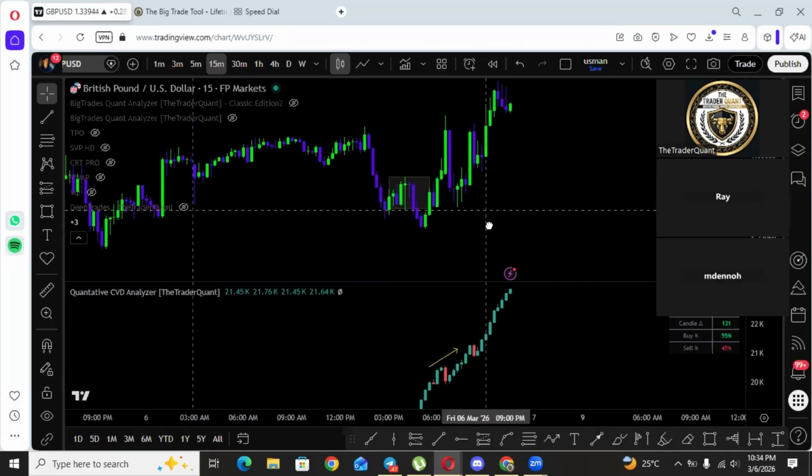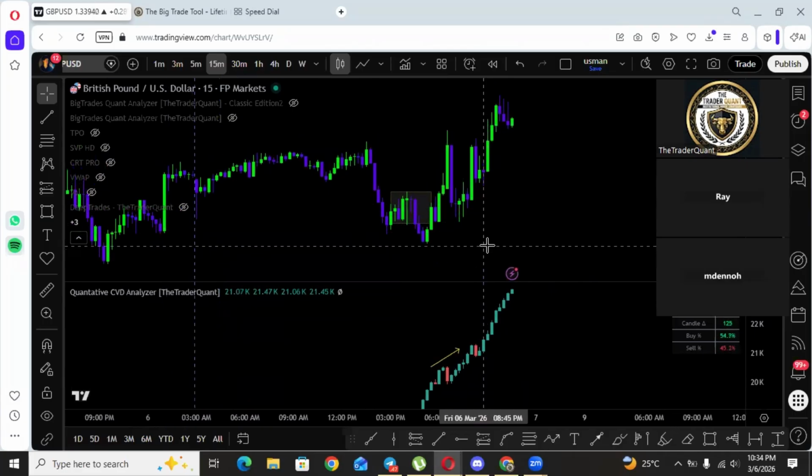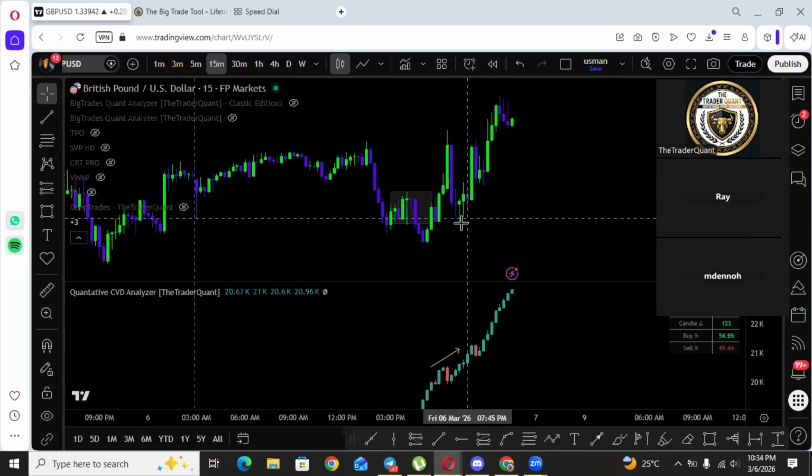So first, I will also cover how to spot the absorption, because the absorption mechanism in the base version was different, and in this final version the absorption mechanism is different because the representation is different. We are showing the data on each price level, what is happening at each price level.